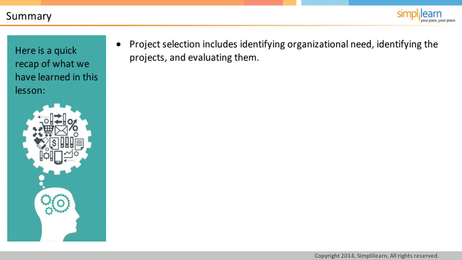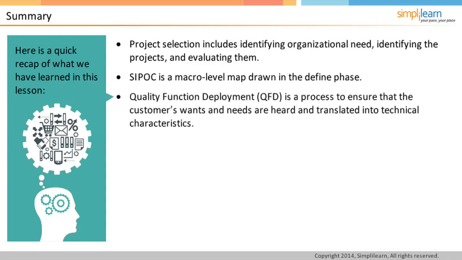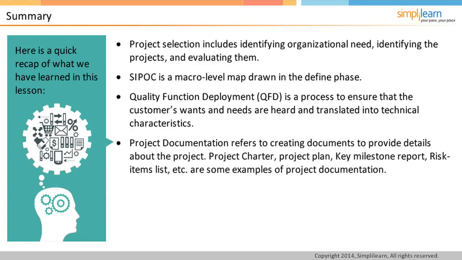Quality function deployment, QFD, is a process to ensure that the customer's wants and needs are heard and translated into technical characteristics. Project documentation refers to creating documents to provide details about the project. Project charter, project plan, key milestone report, and risk items list are some examples of project documentation.